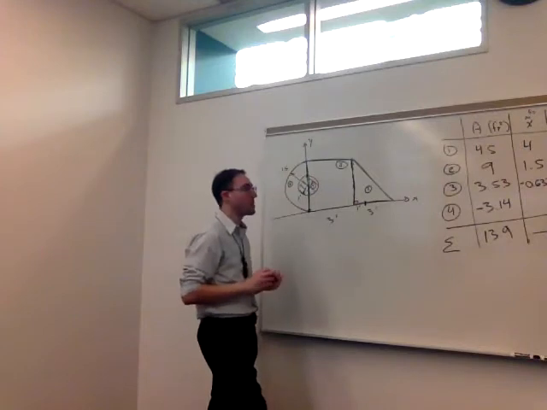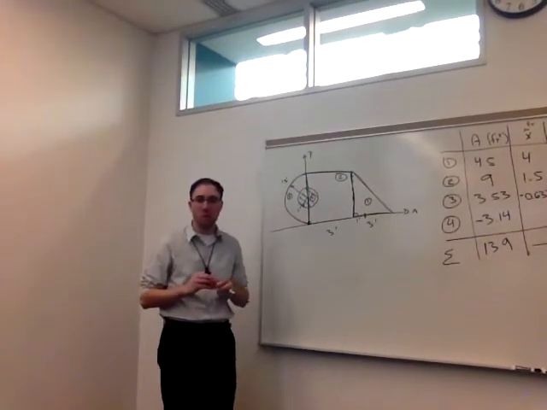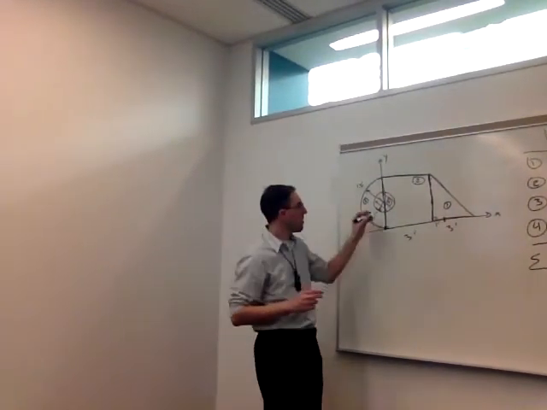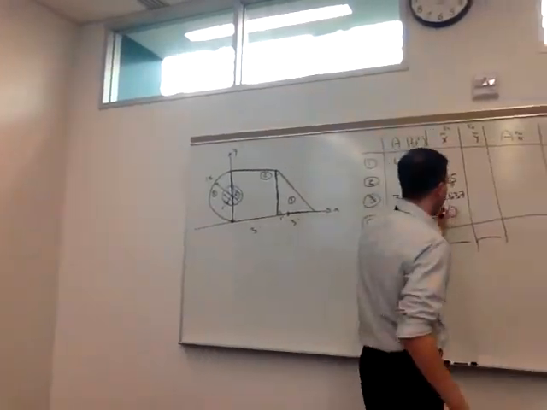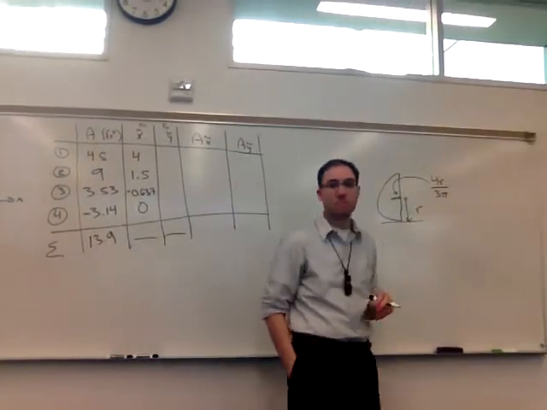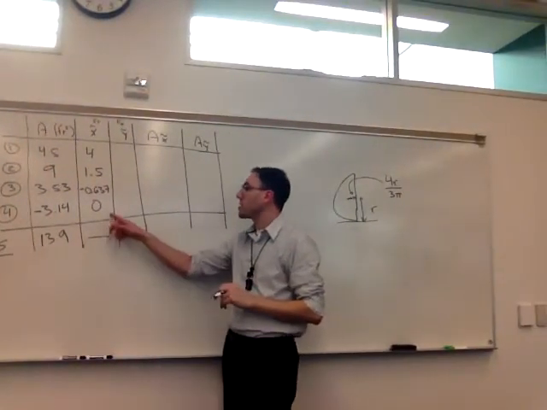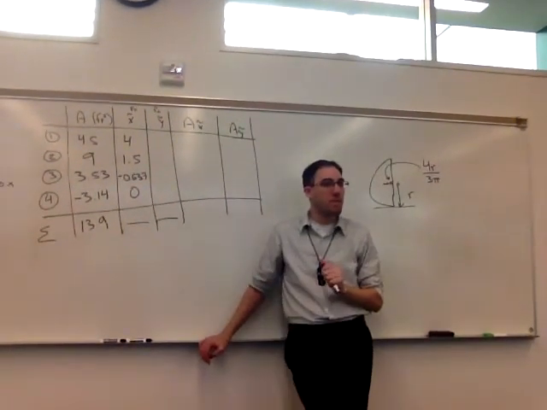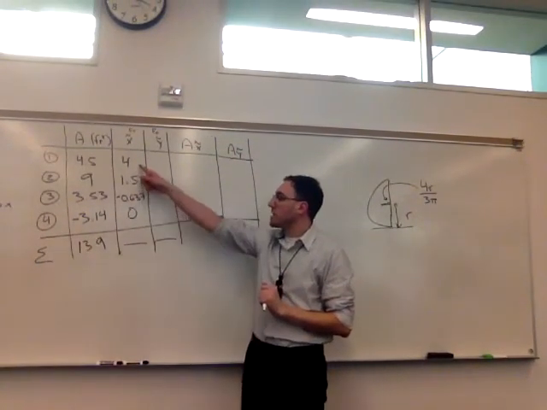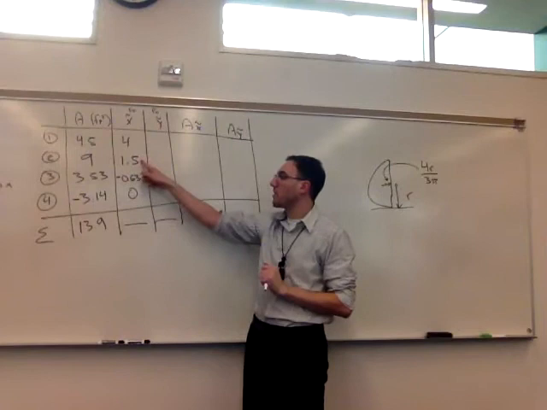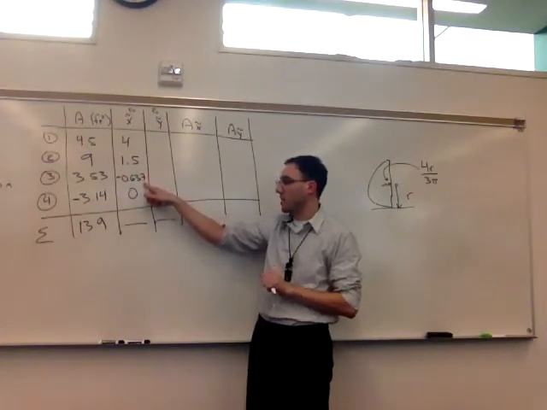And shape number 4, what's the x tilde location for shape 4? Right, because the center of the circle lies on the y-axis, so this is going to be 0. Right, questions on the x tilde values here? So these are positive because they were to the right of the origin. This is negative because it was to the left.